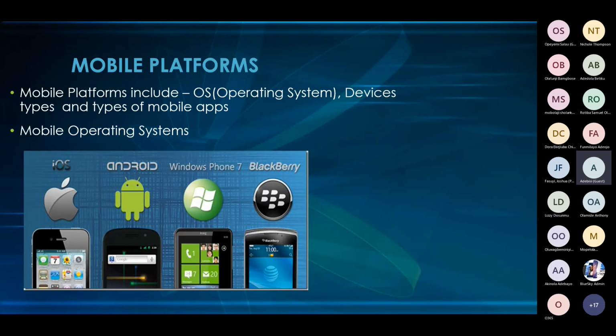For your test coverage, as a tester, it's good to have enough test coverage on the operating systems that the majority of users are using, which are basically iOS and Android, or probably Windows. Some companies might ask you to run on Windows as well.